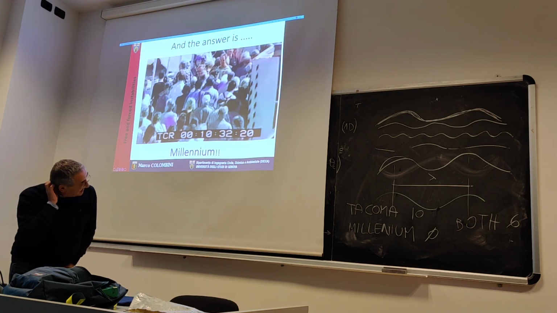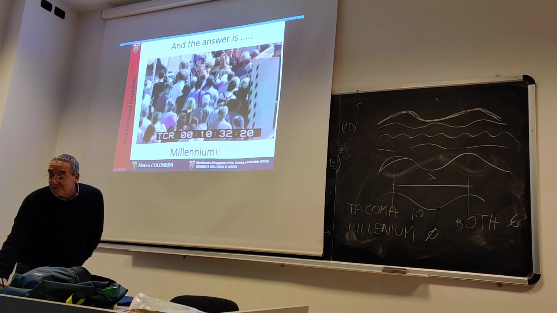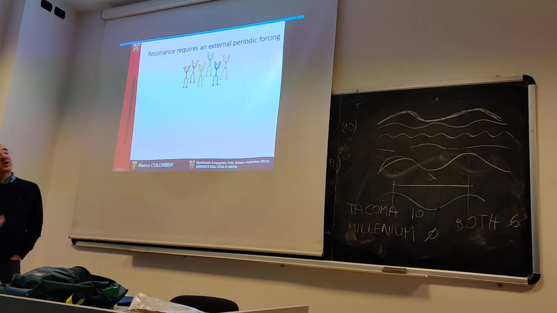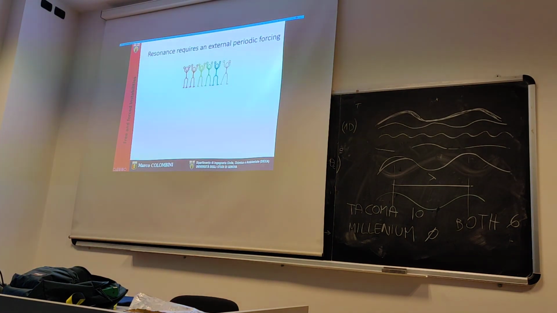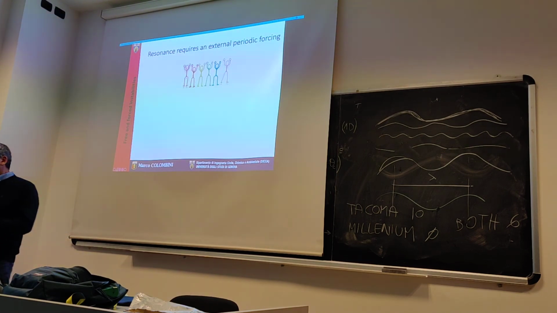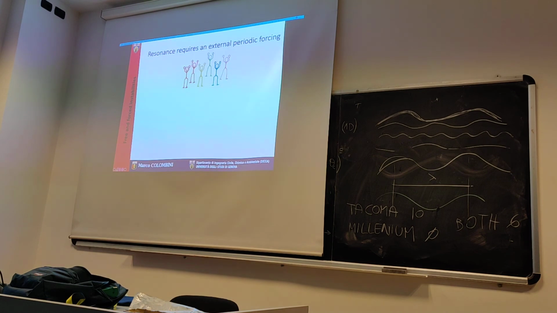This is a very common misconception. The point is that resonance requires an external periodic forcing. So it resonates because there are people walking on the bridge, and the frequency of the forcing from walking resonates with some natural frequency of the bridge, and this is the reason.